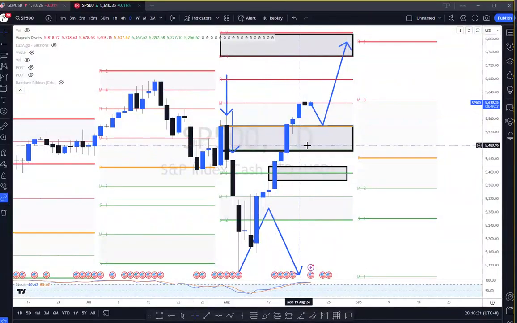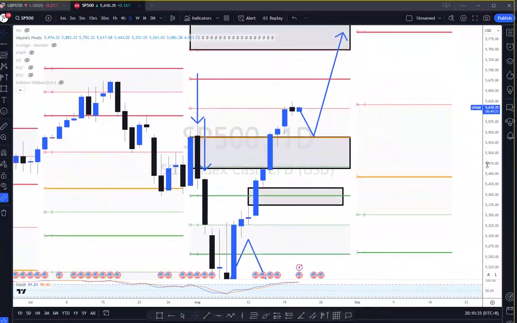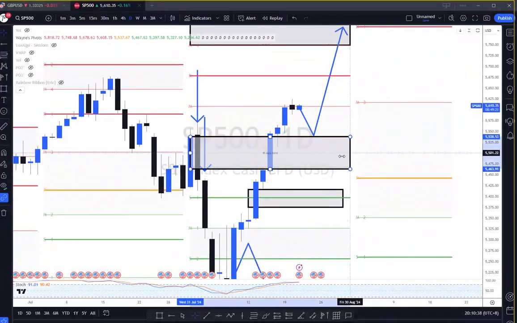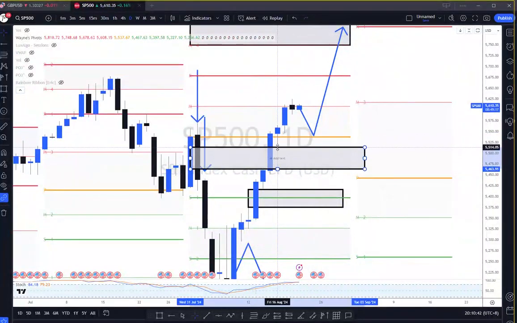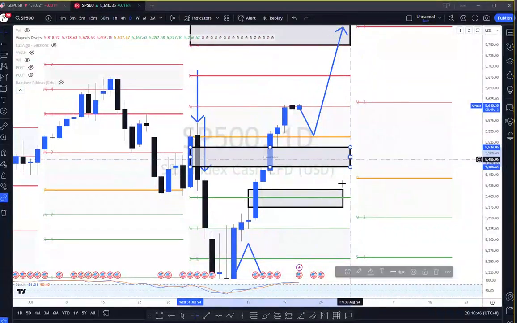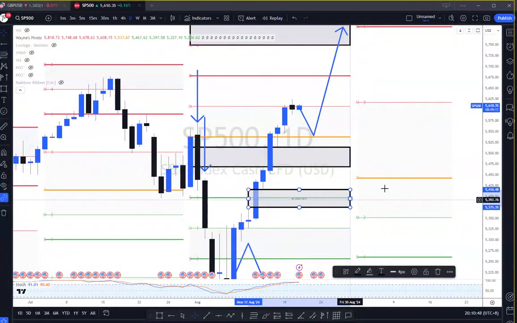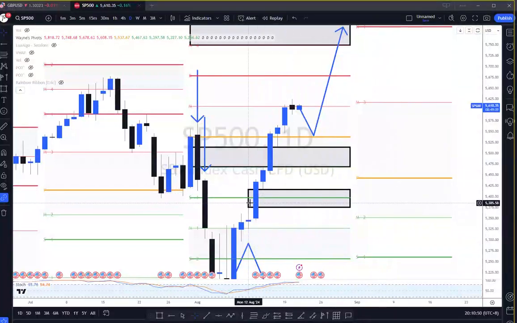Okay, so for buyers to have a strong entry again, you wouldn't want to enter here because this is another group of sellers. There'll be two entries for us as buyers. Okay, this gap here would be where we'll be very interested because this is where the sellers were being stopped out in a trigger of the stop losses.